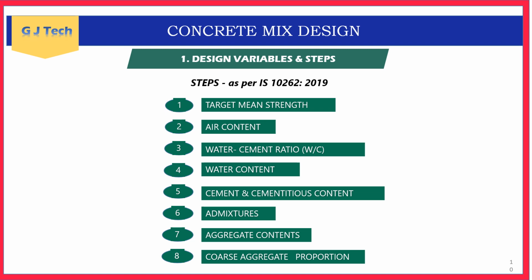The second step is air content, third is water cement ratio, fourth is water content, fifth is cementitious content, tabulation or computation, sixth is admixture, seventh is aggregate contents, and eighth is coarse aggregate proportions. So everybody should remember these steps and always try to follow this order so that it makes the design process simple.